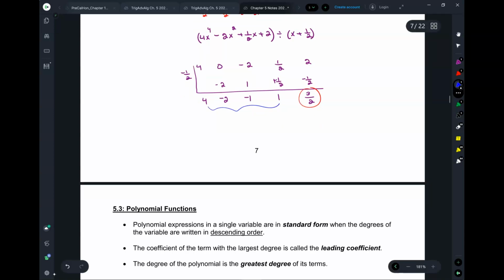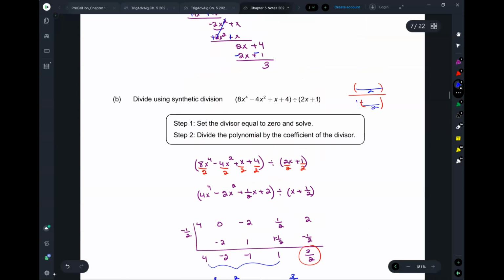So it's going to be 4x to the what? 3 minus 2x squared minus x plus 1 plus, okay, 3 over 2 over x plus a half.